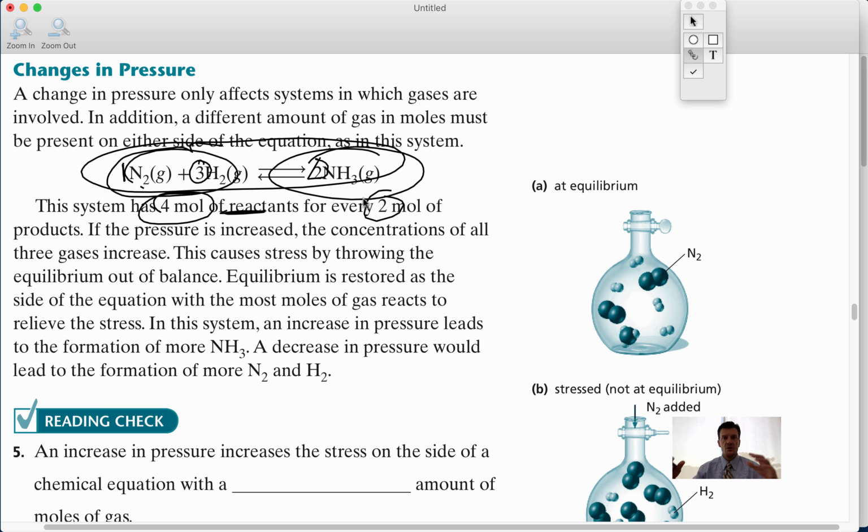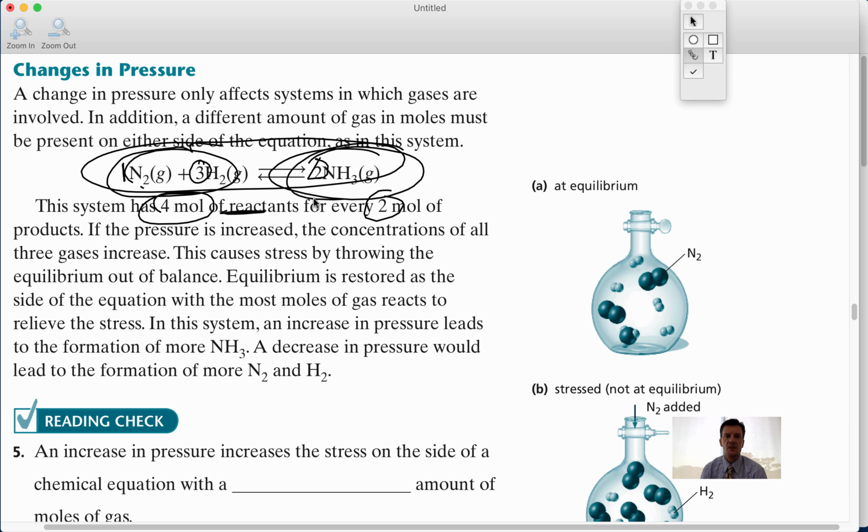Okay? So imagine if you were to add pressure, you increase the pressure, things are getting squished together. What is this going to try to do to relieve some of that pressure? It's going to shift to the side that has fewer particles. Then you've got fewer particles ramming into each other, and you're going to relieve some of that added pressure that you just put on the system. So in this case, you have to find out which side has the fewer number of total particles.